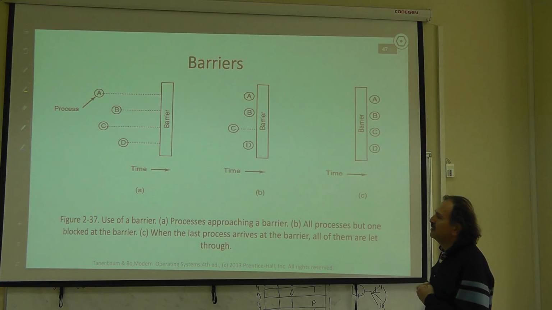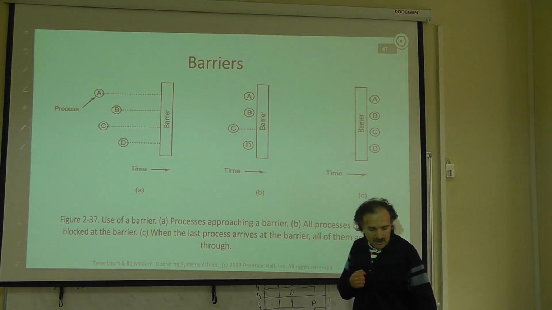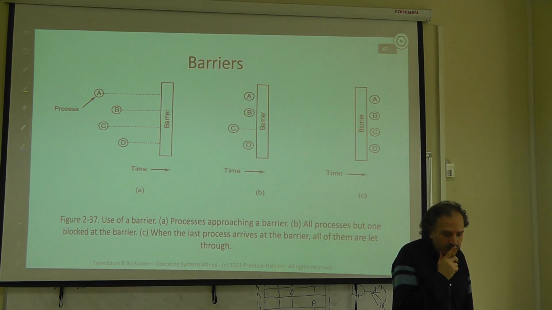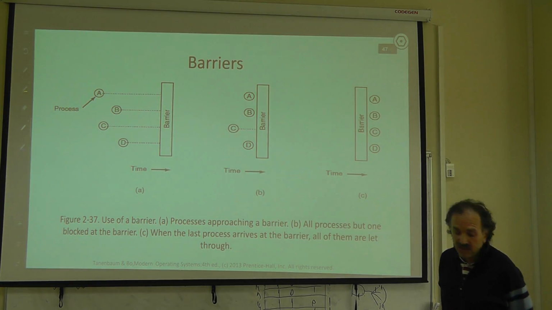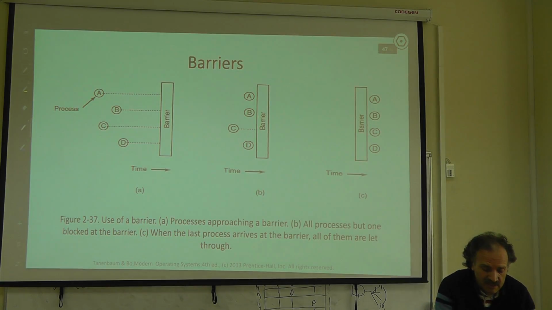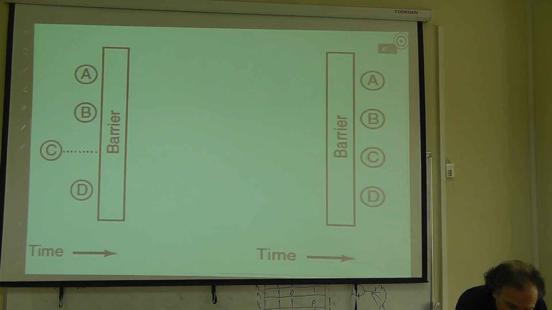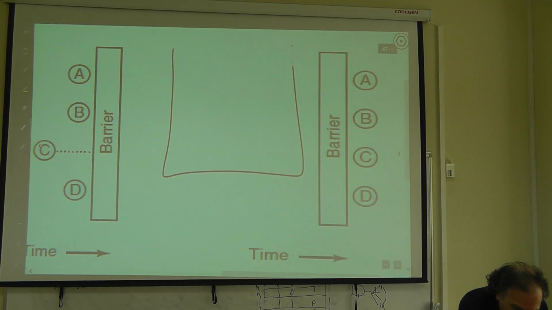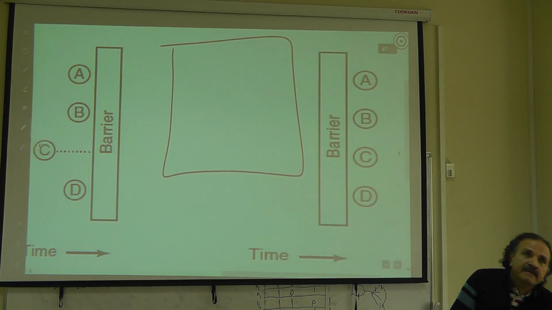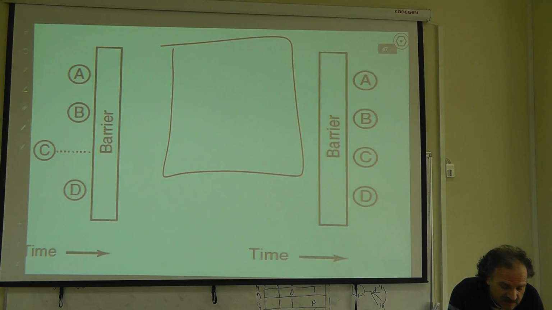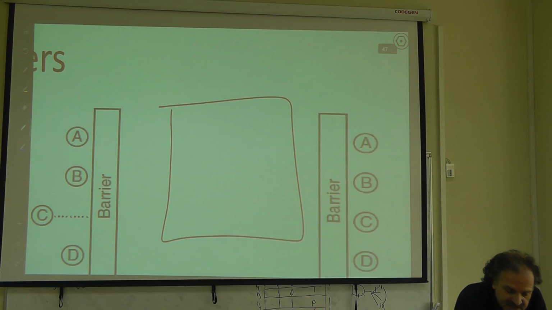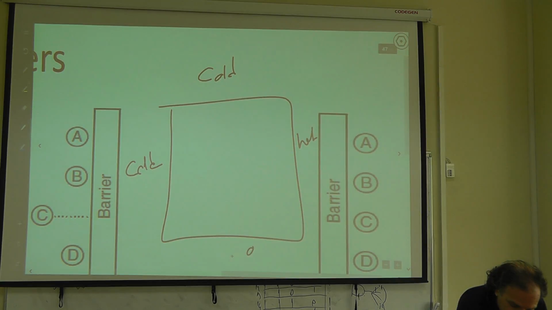This is called barriers. And it is used most of the time for scientific computations. The book has a very good example on it. Let's say I have a two-dimensional plate. Let's say this is a copper plate, and this is cold air, and this is hot, and this is hot.